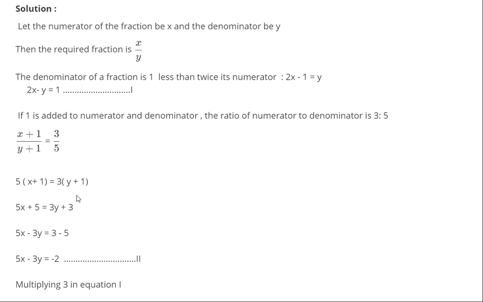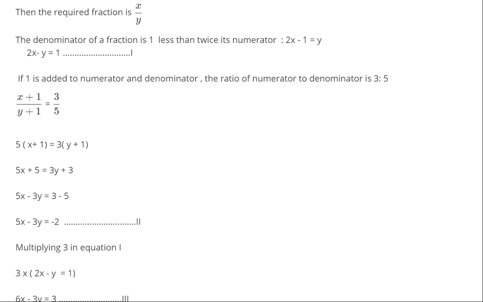Plus 5 moves to the left-hand side and becomes minus 5. So we arrive at the second equation, 5x minus 3y is equal to minus 2. 3 minus 5 is minus 2.